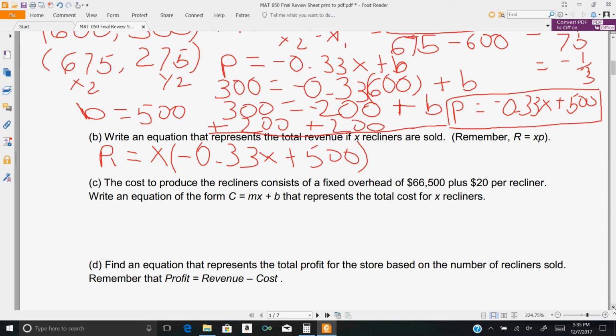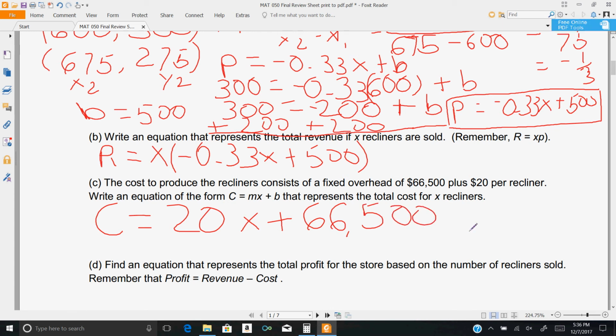If the number of recliners x changes by 1, the cost changes by 20. So I already have the slope. And we know the fixed costs represent the y-intercept. So I can say C equals 20x plus 66,500. That's all I have to do on C.